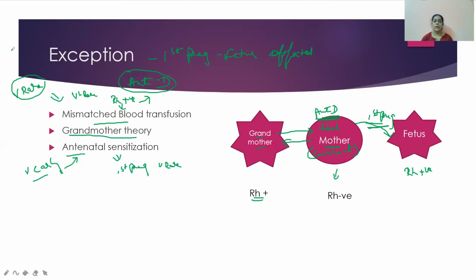So these are the few exceptions where in the first pregnancy, the fetus is affected. And all these phenomena, I'm telling repeatedly, are very, very rare. So usually 95 to 99% of the times, the first pregnancy is unaffected.